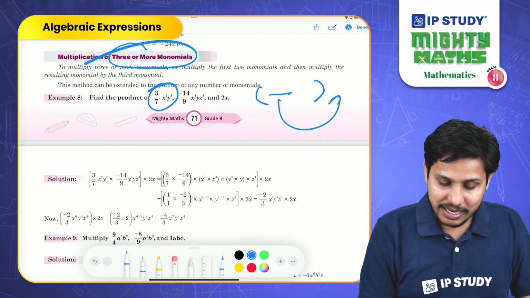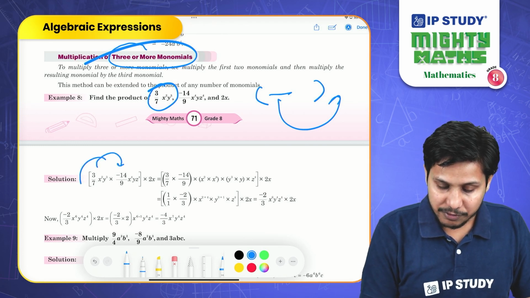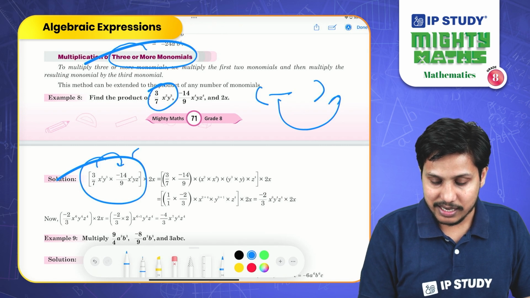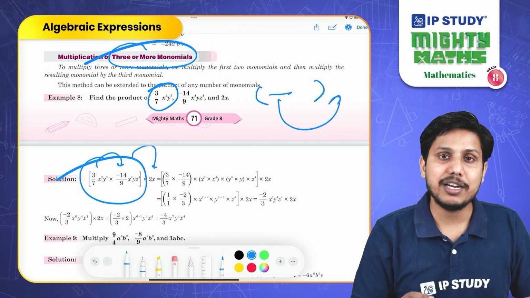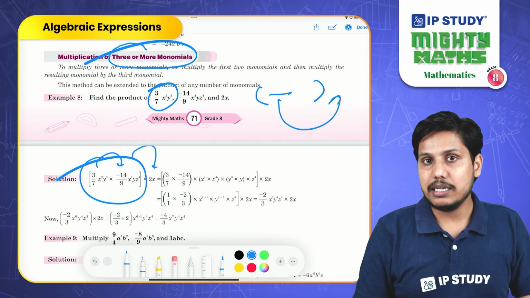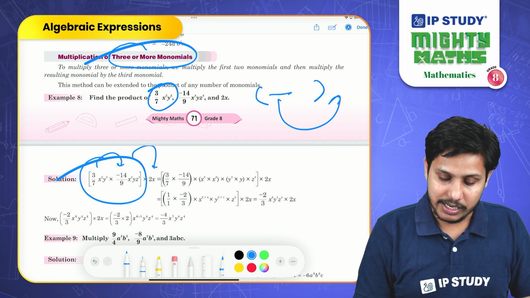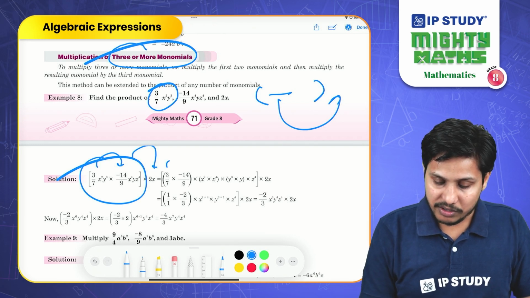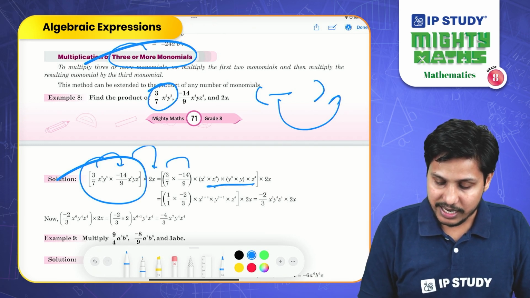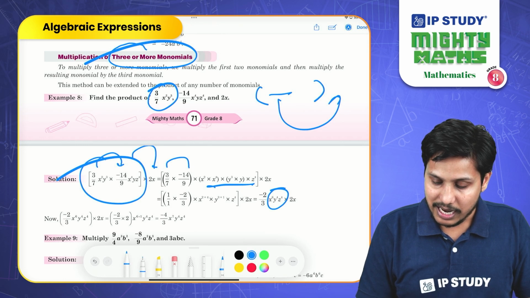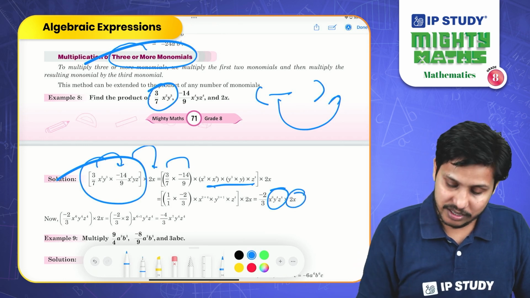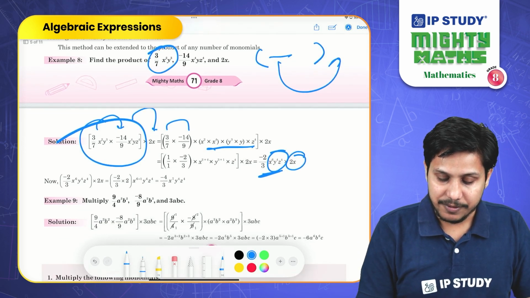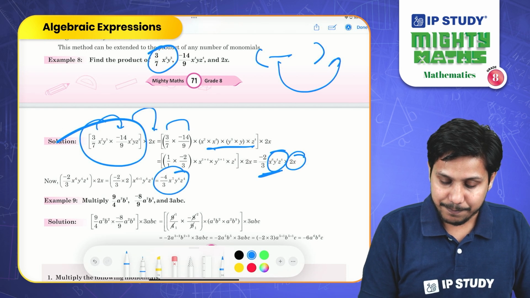We write it so that the first two are multiplied together and the product of these two is multiplied with the third expression. We multiply the coefficients like this and get this as the result, then we multiply 2x to that result, and at the last we get this as the answer.